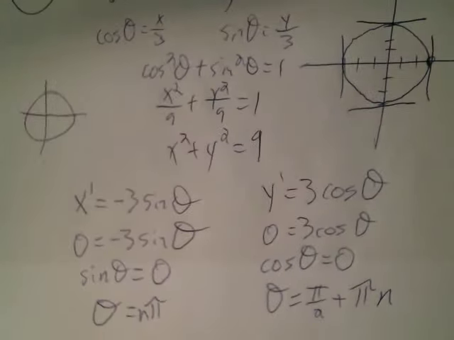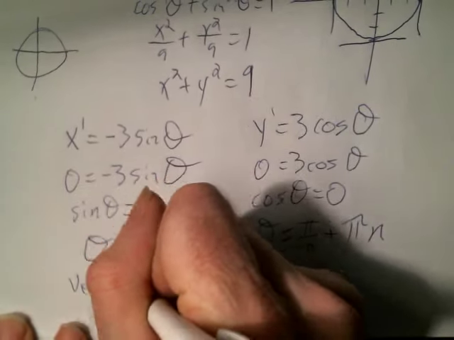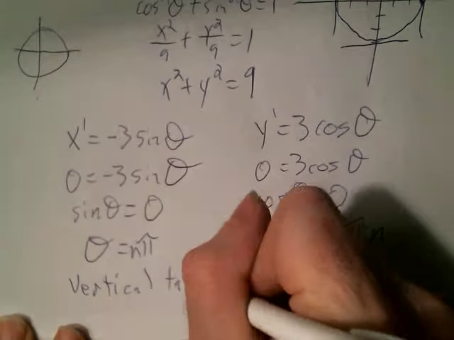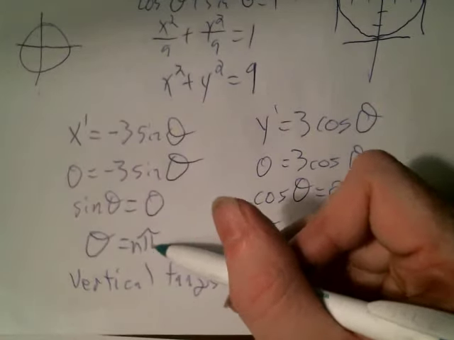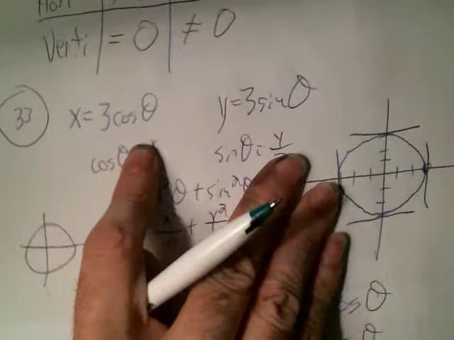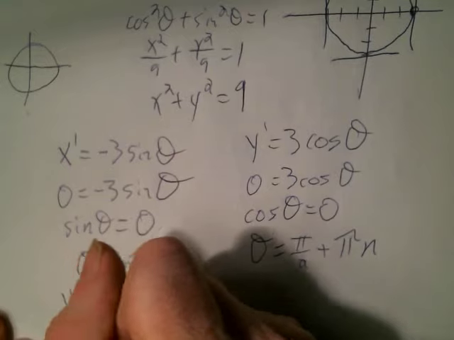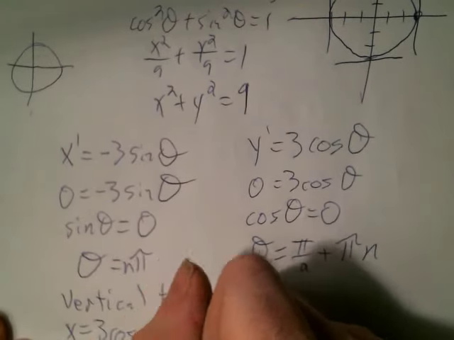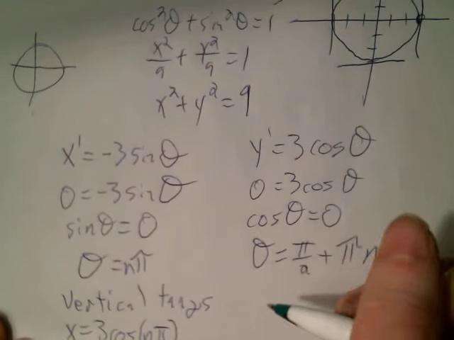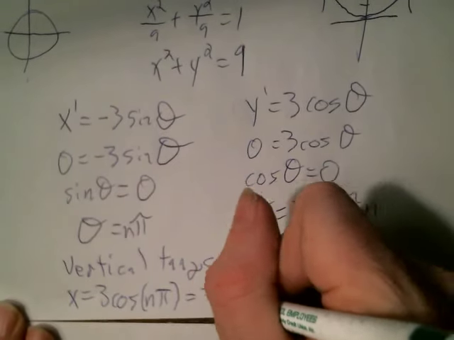Okay, so for the vertical tangents, that will happen when you have n pi. So placing n pi back into the original formula for x, I get x equals 3 cosine of n pi. Okay. So that would be plus or minus 3.